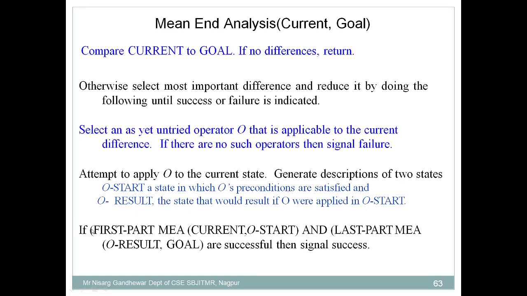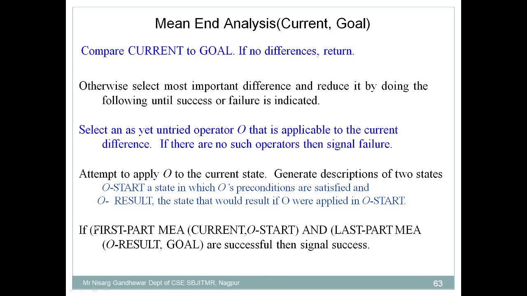And finally, as I told you earlier, means-end analysis works on the concept of divide and conquer strategy, and we have seen that means-end analysis is a search technique where we try to complete the major part of the problem first, and then we come back to complete the small part of the problem, and then we try to assemble both solutions in order to get the final solution.